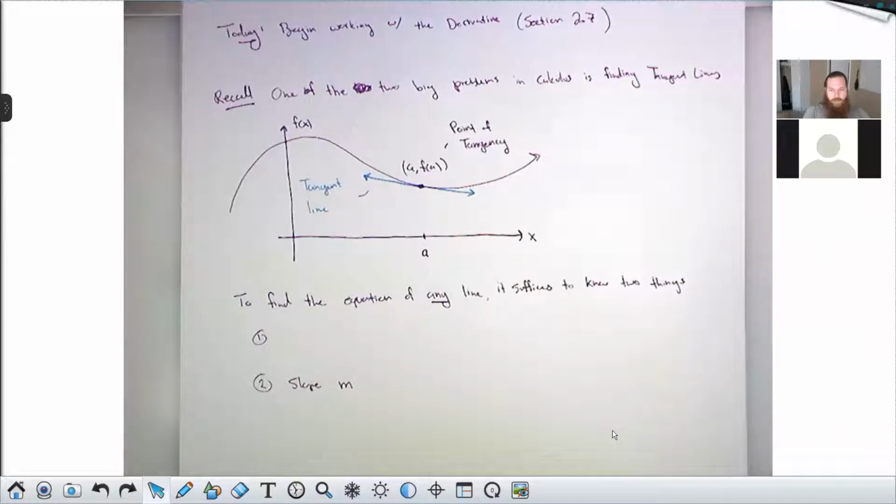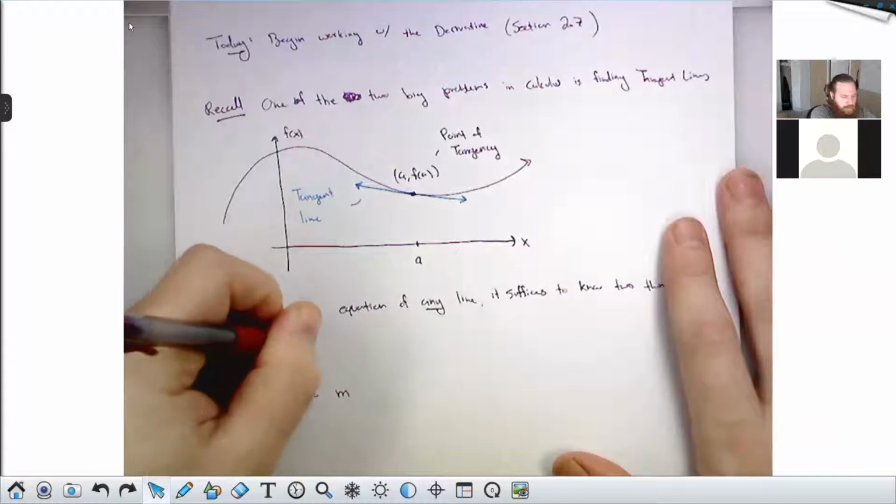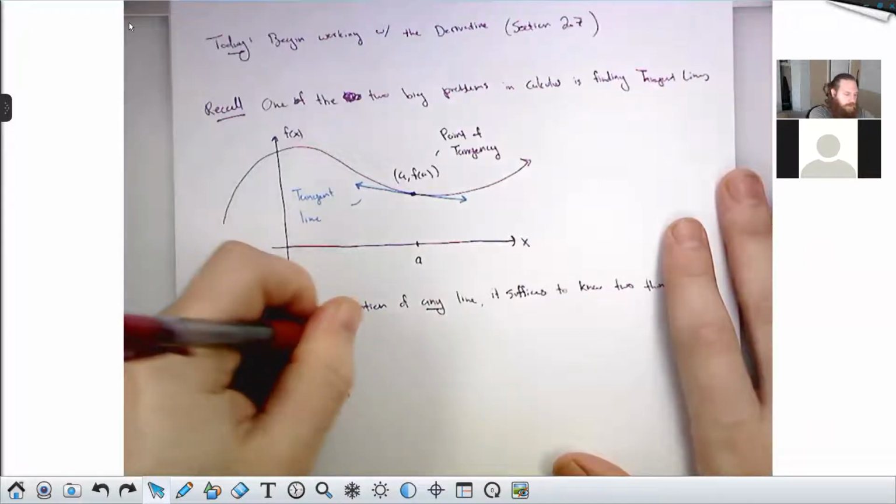Let's see if there's something in the chat here. The y-intercept is one of the types of things we could have here, but we don't need to actually have the y-intercept or the x-intercept, just any point on the line.